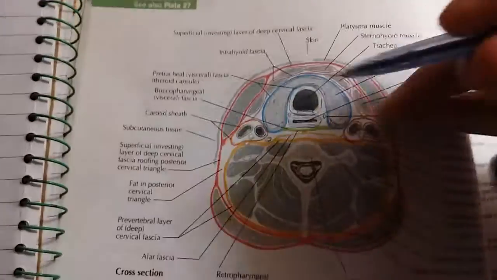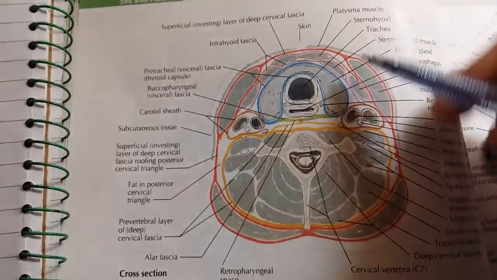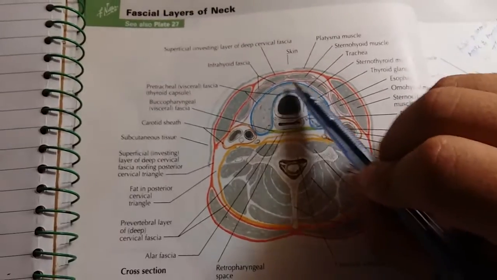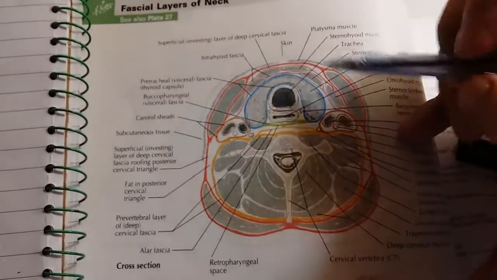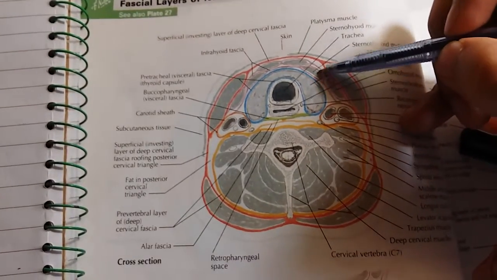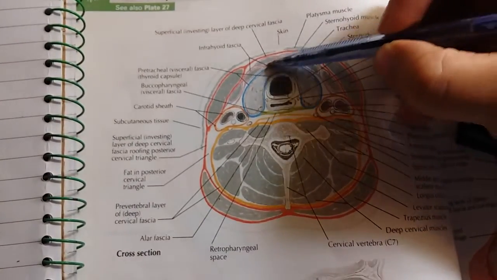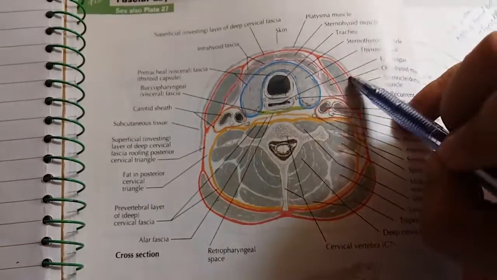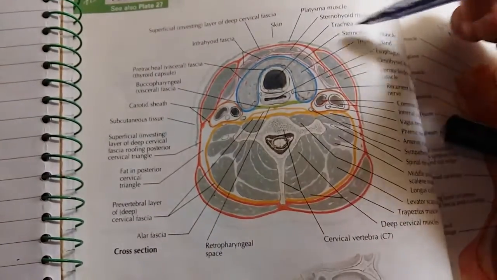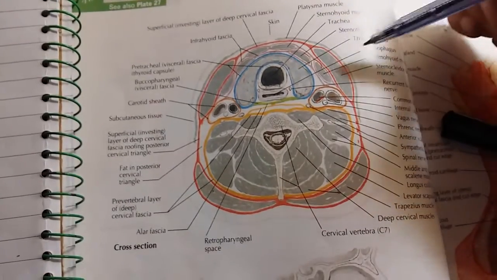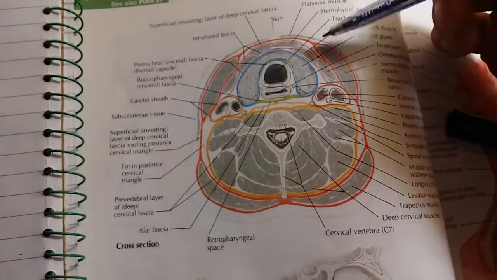Look at the pretracheal fascia over here. The pretracheal fascia is covering the thyroid gland, and this is the visceral part, and this is the muscular part, the pinkish one. These all are the infrahyoid muscles: sternocleidomastoid muscles and the infrahyoid muscles, sternohyoid, sternothyroid, and so on.